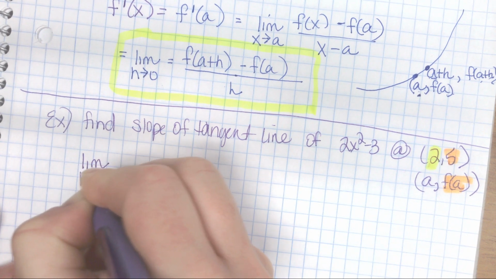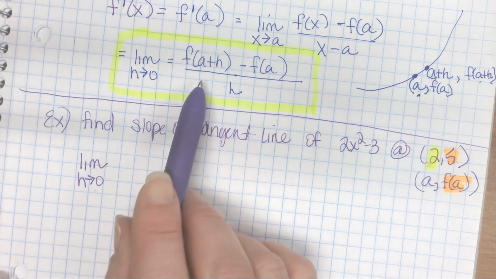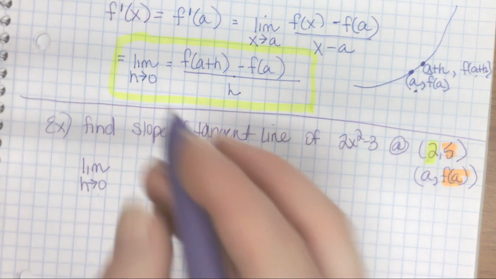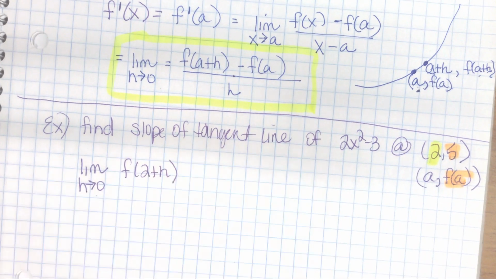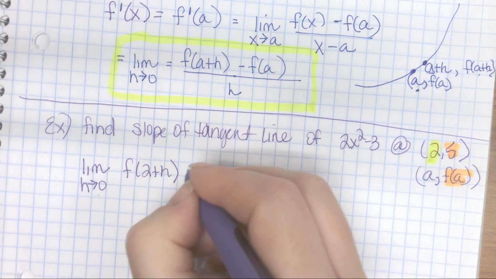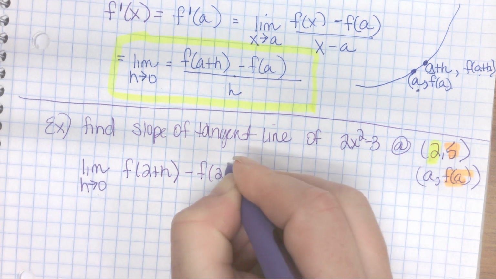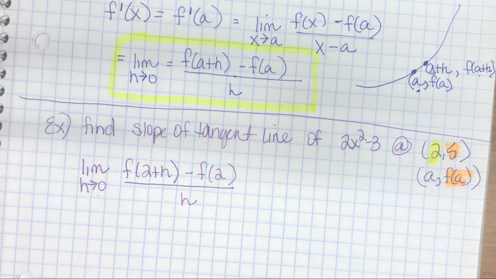And what did I say my A was? 2. So instead of f of a plus h, we're going to write f of 2 plus h, and then minus f of 2, all over h. Okay, so what we're going to do next, yes, Braden?